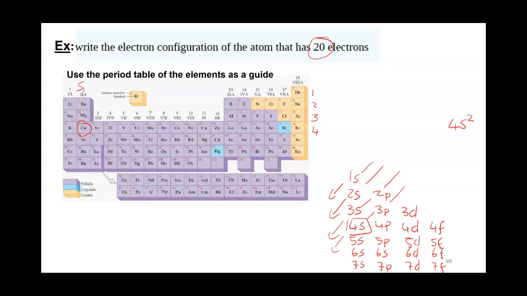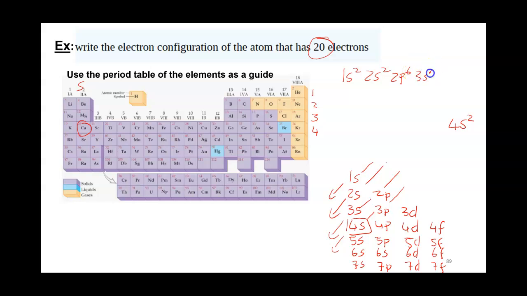And so now I can write out the electron configuration: 1s2, 2s2, 2p6. Just following along these arrows, when I get to the end of one arrow, I go to the beginning of the next. 2p6 gets me up to 10 electrons.